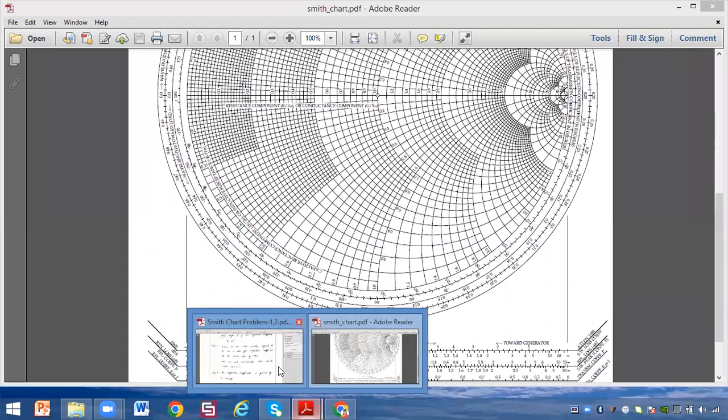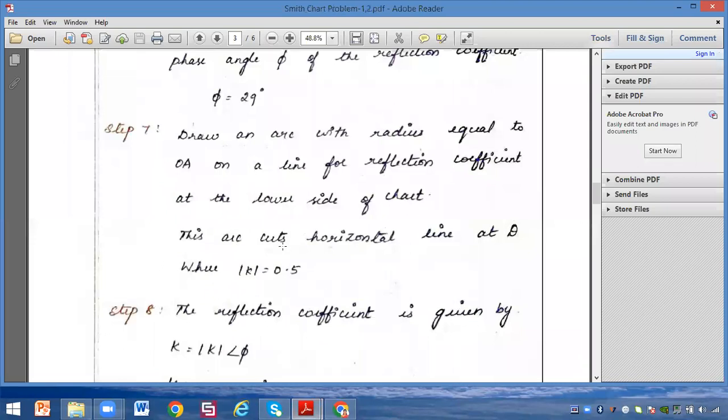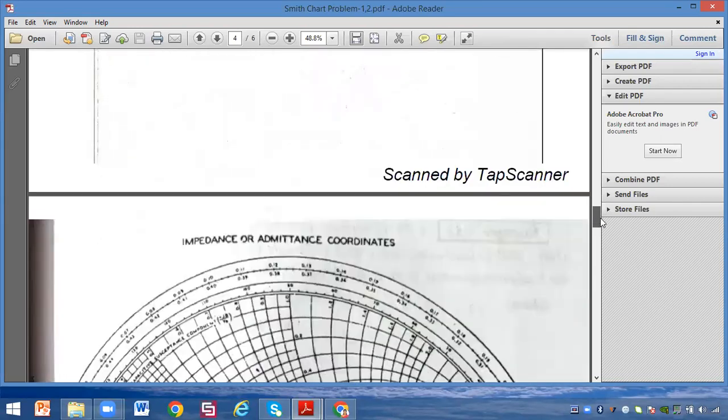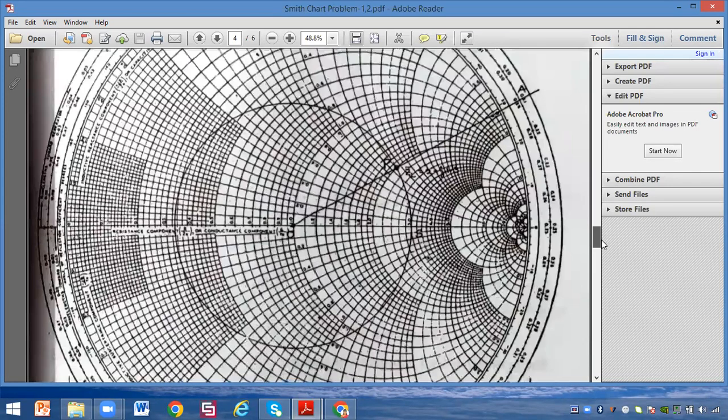This arc cuts the horizontal line at D. Where it cuts is considered to be the magnitude of the reflection coefficient. Now we can find the magnitude as well as the phase of the reflection coefficient. That is your reflection coefficient. So we have determined the reflection coefficient.